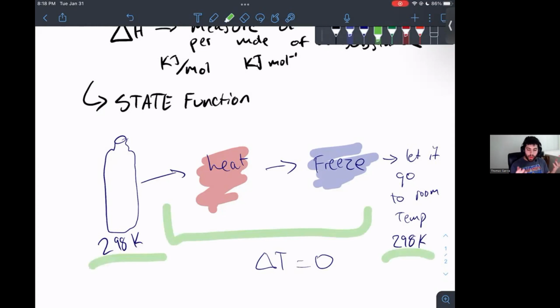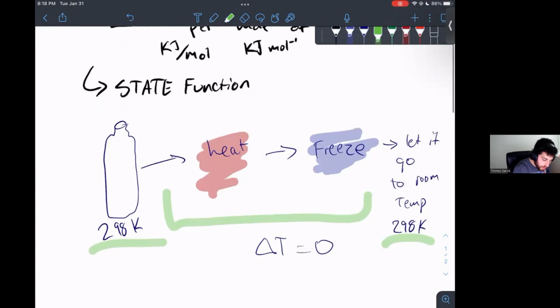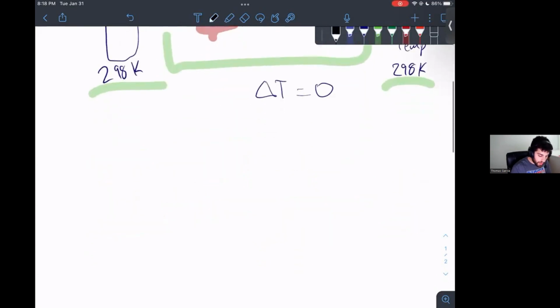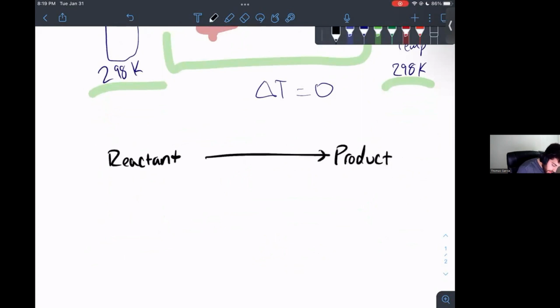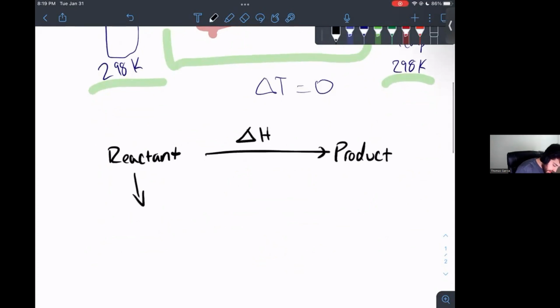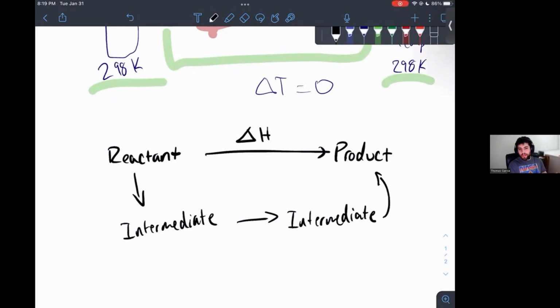And that's what Hess's law is based off of. Hess's law basically says that if we have some reactant and some product, there will be some change in enthalpy between our reactants and our products. It might go up, it might go down, honestly, who cares? But that's just what it is. Now, if we take our reactant and make some intermediate, then maybe another intermediate, and then go back up to the product, guess what?